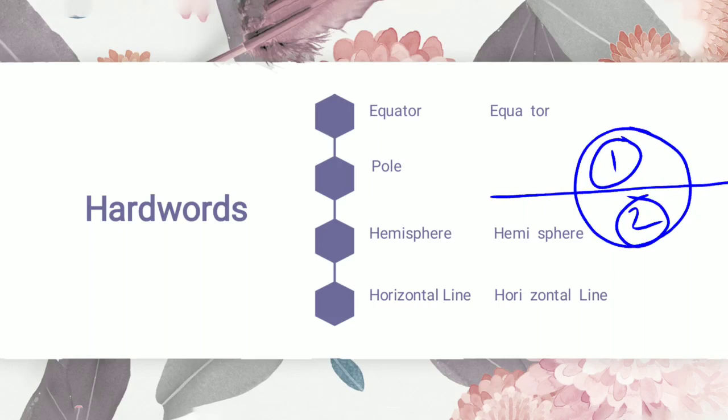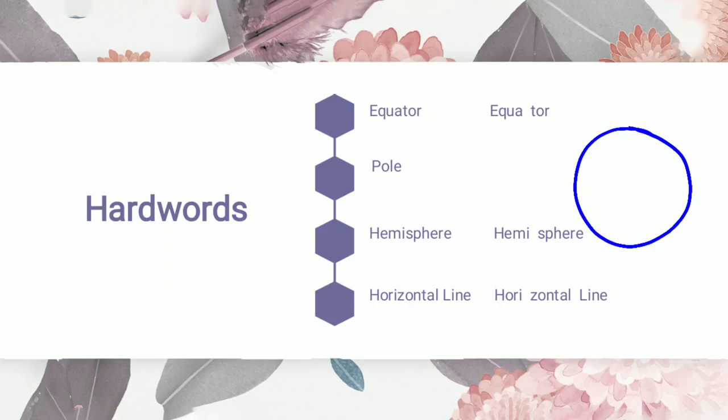Each of these parts is called a hemisphere. So this one is the first hemisphere and this is the second hemisphere.